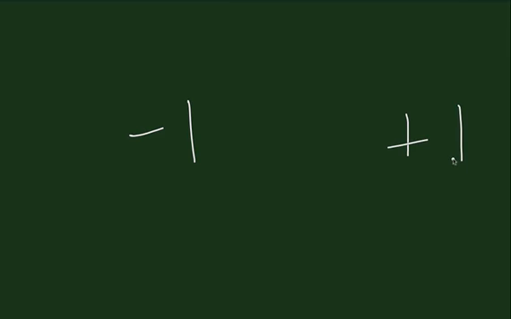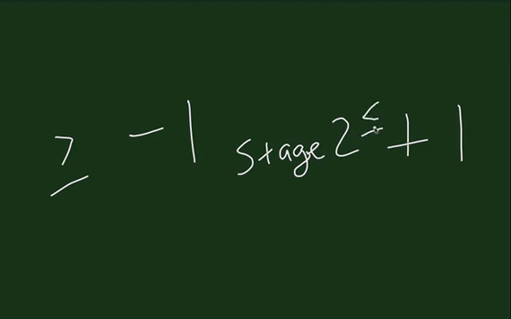Any prolapse that touches -1 to +1, or in between there, is stage 2 pelvic organ prolapse. So it's going to be greater than or equal to here, or less than or equal to there.